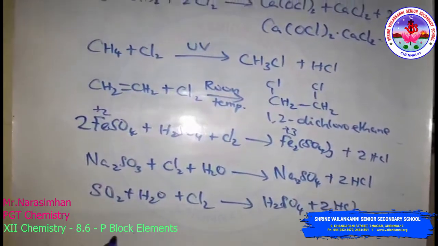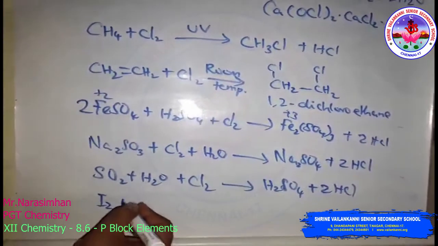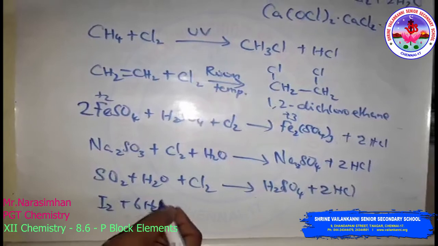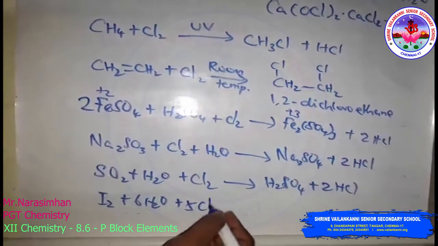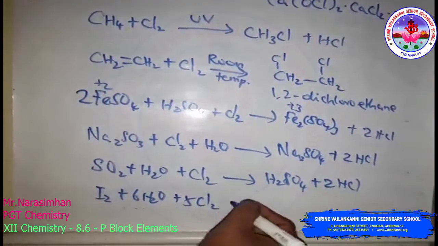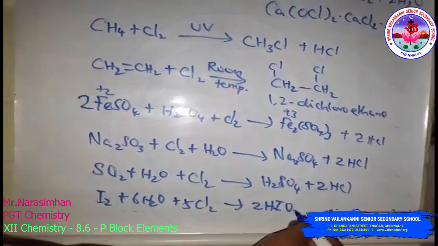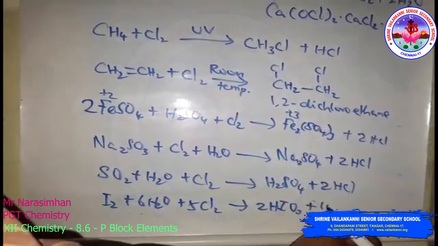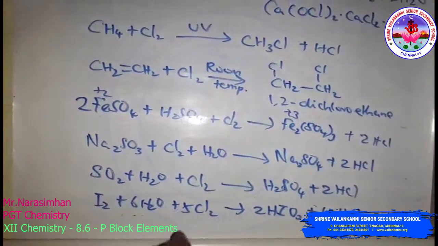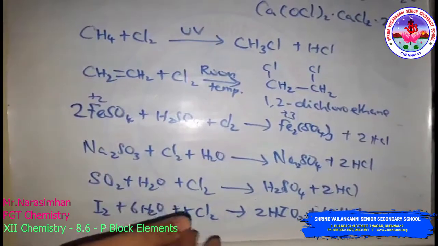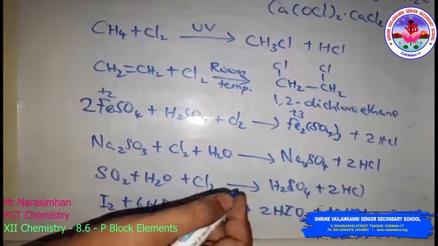Then iodine forms iodic acid: I2 with 6 moles of water in the presence of chlorine forms 2 moles of HIO3 and 10 moles of HCl. It is a powerful bleaching agent due to the oxidation by chlorine in water.